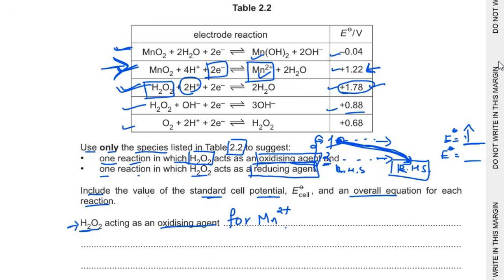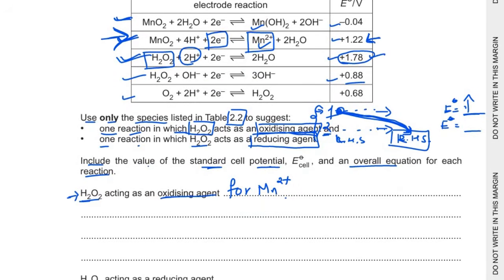If I add both the equations, first I'm going to write hydrogen peroxide plus 2H+. I'm just going to show you the whole workout, but actually you don't need to show the whole workout. You can just write the main equation.